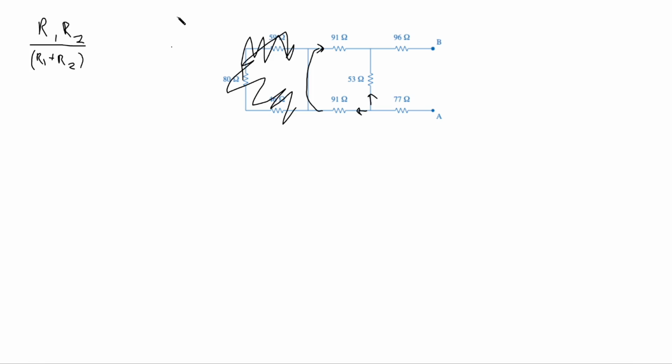Now, if you notice this equation in the corner, this is where we're going to be able to use it, okay? So let's have resistor 1, R1, be the 53 ohm resistor. So we have 53 on top. And R2 is going to be both of these 91 ohm resistors. So it'll be 53 times 91 plus 91 because there's 2 resistors.